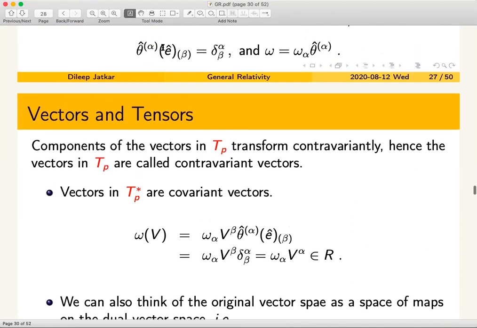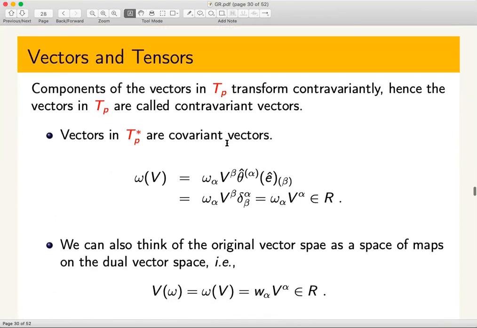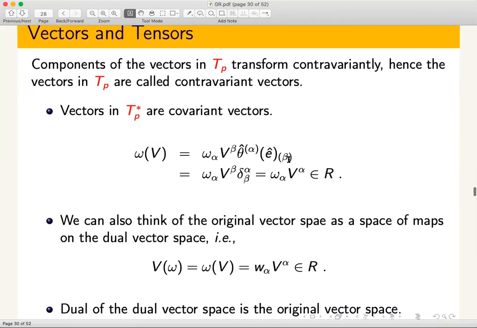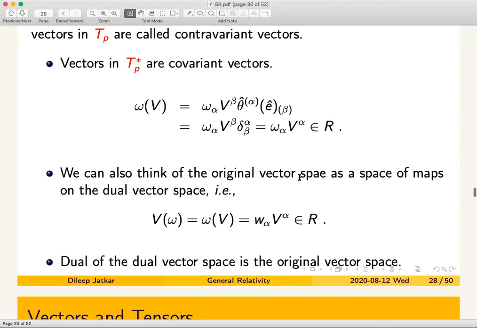Since theta hat alpha on E hat beta gives you delta alpha beta, we can use that relation to write the action of the basis vectors on each other as delta alpha beta. Then we can write omega acting on V as omega alpha V alpha. And this, of course, is a number. That is how you define the inner product between the dual vector space, which is called the cotangent space, and the tangent space.